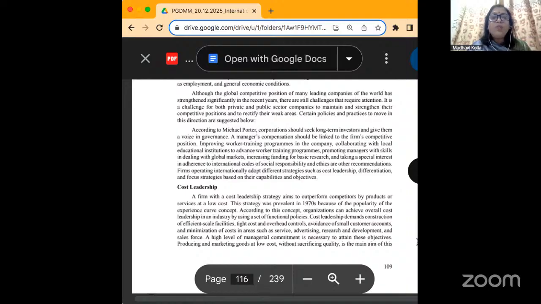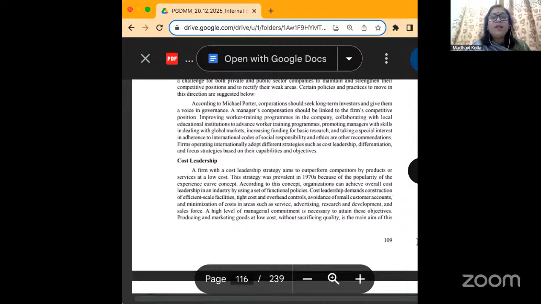Improving worker training programs in the company and collaborating with local educational institutions will help develop better worker training programs, promoting managers with skills so that they're able to deal well in international or global markets.